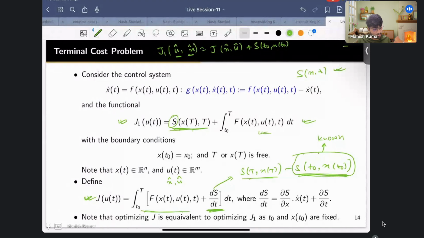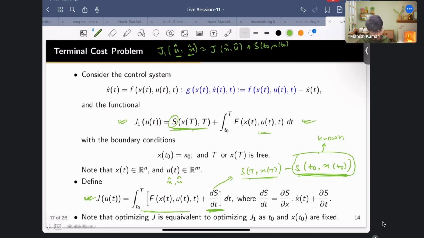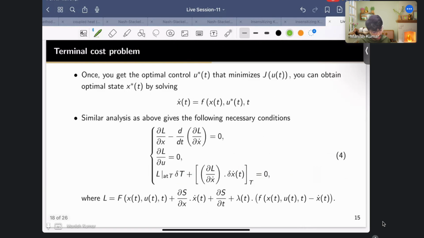Now you do the similar analysis: you take the Taylor series expansion, you take the first derivative to 0, all those things. What you will get is this kind of equation. The Lagrangian is this function f, just like before, and this is nothing but g, which is f minus x prime.